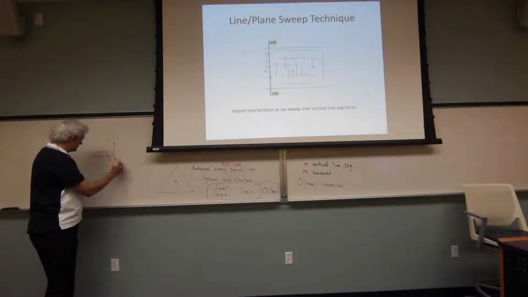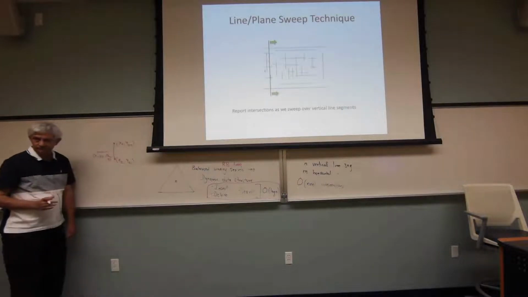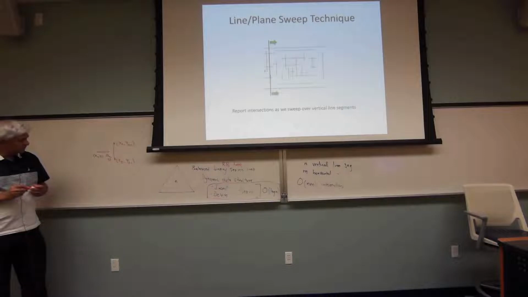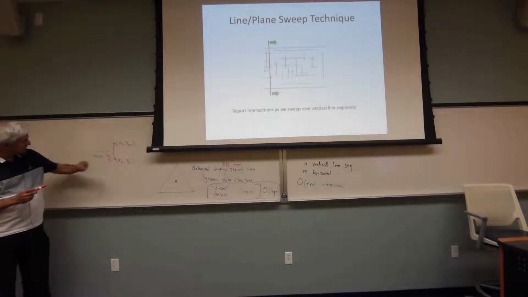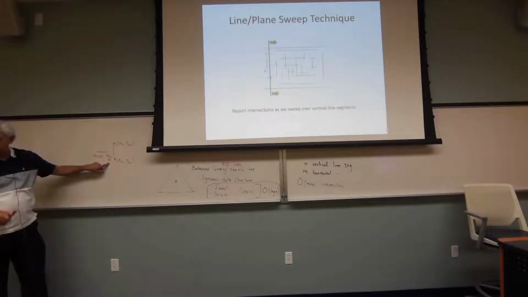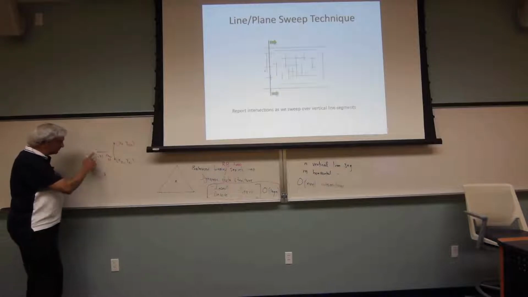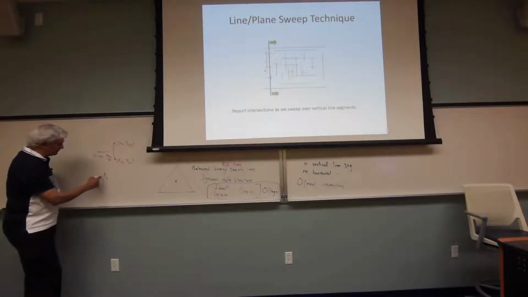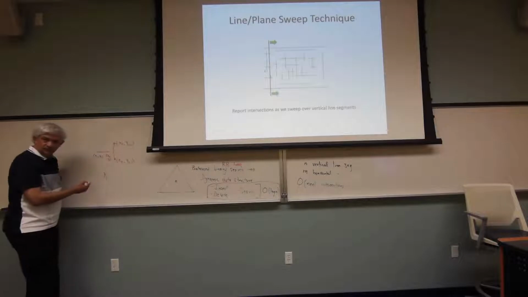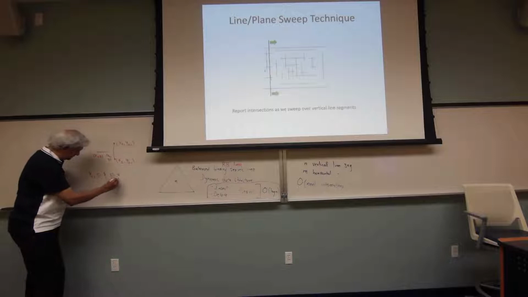So let's call this x2, y21 and x2, y22. All right. So what you see here is that both these points have the same x-coordinate, both these points have the same y-coordinate, right? And as I said before, if they are to intersect, you want y1 to be in between y21 and y22, right? So it should be something like this.